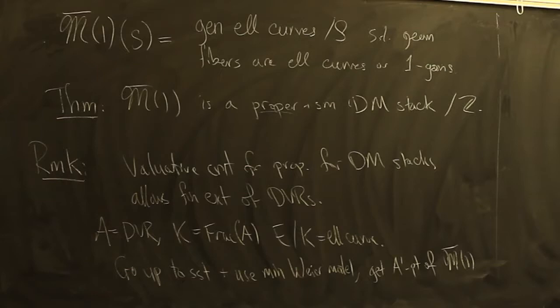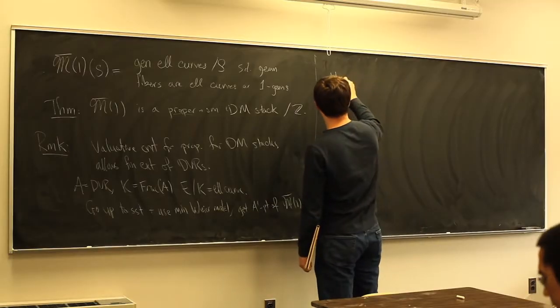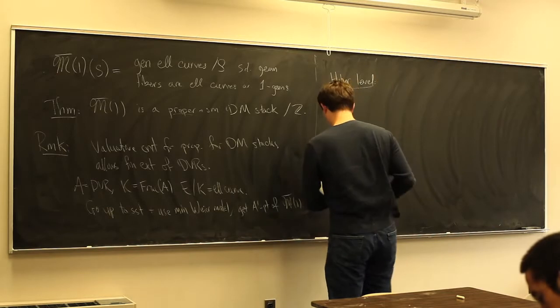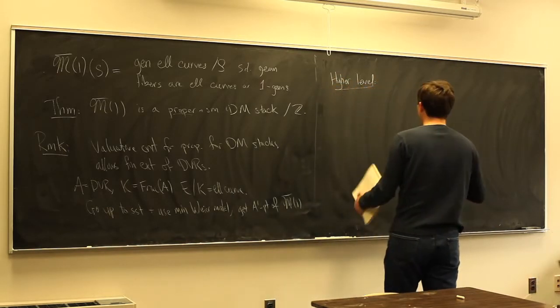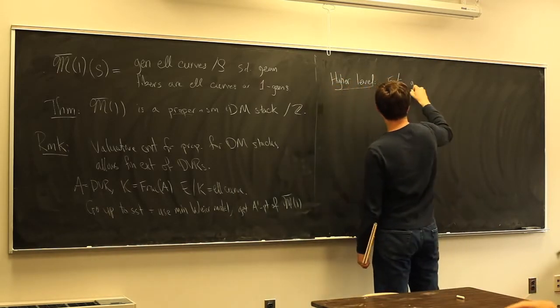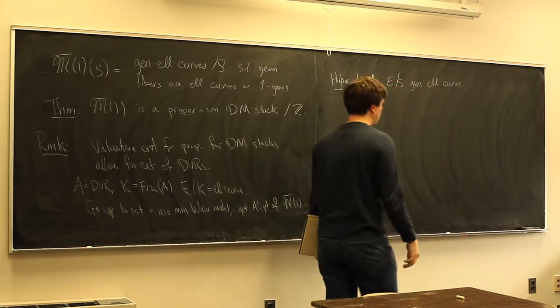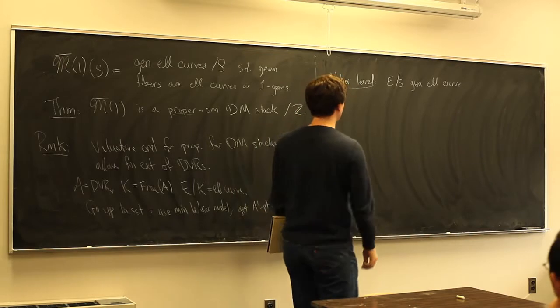All right, so this is compactifying just the problem of elliptic curves. So we want to also do it when we have level structure. Gamma 0 n structure is what we care about most. If we have a generalized elliptic curve, we can define what we mean by a gamma 0 n structure in the same way.